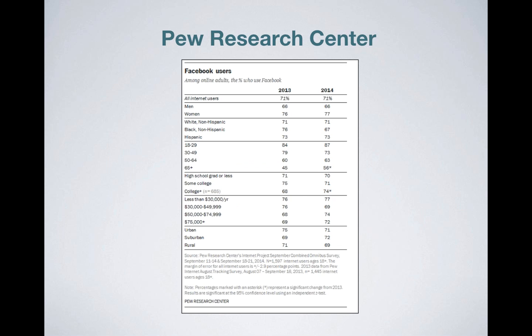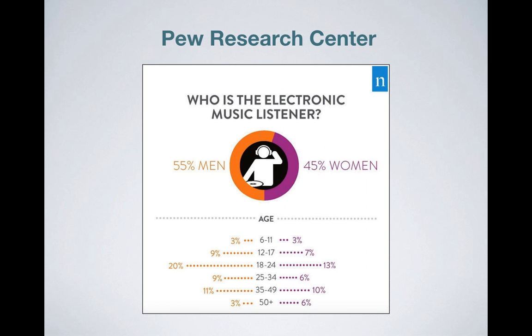Pew Research does a study every year on the use of social media as one example. So they have a breakdown for all the major social media outlets. They have a lot of other studies as well that are related to different aspects of media consumption. So getting on there and doing some searches, if you have a media related subject, can turn up some good details.